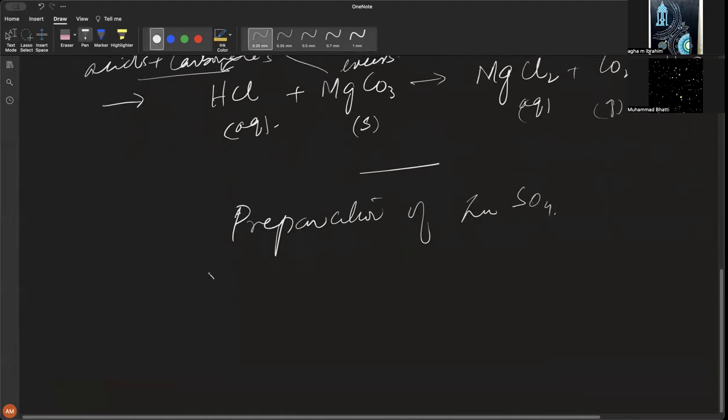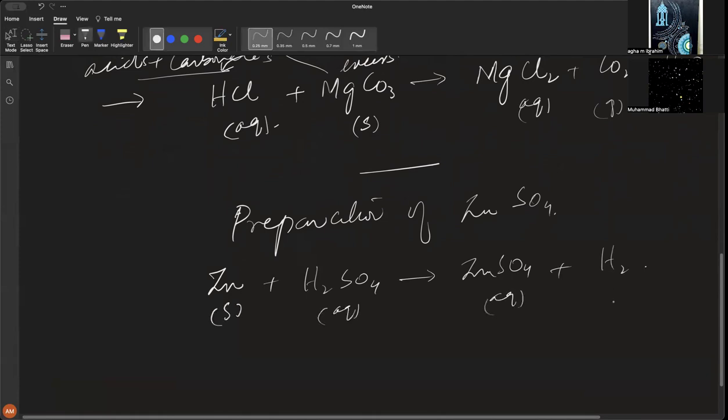We are making this by zinc plus sulfuric acid to give you zinc sulfate plus hydrogen gas. All right. This is solid, this is aqueous, this is aqueous, this is gas.